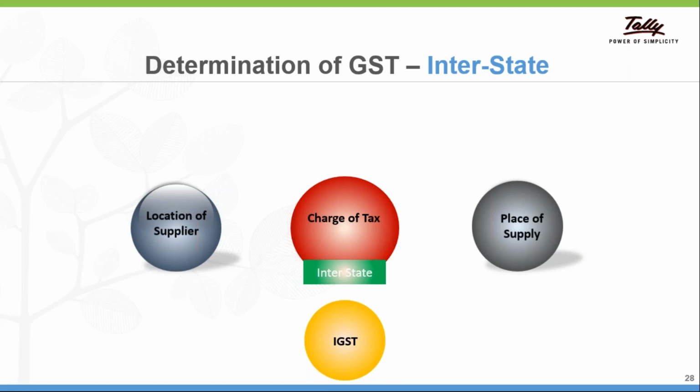See, it's an interstate purchase and the tax is 18%. It will be 18% only. If it's intrastate, that is within Bangalore, and the tax is 18%, will it be 18% only?